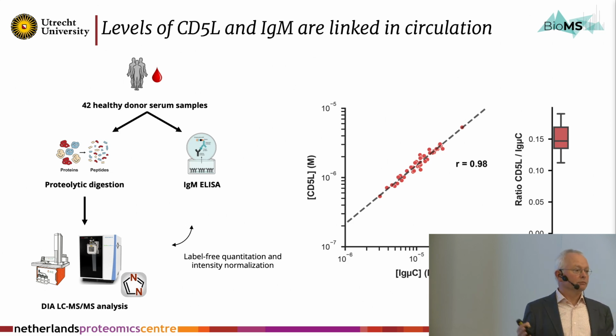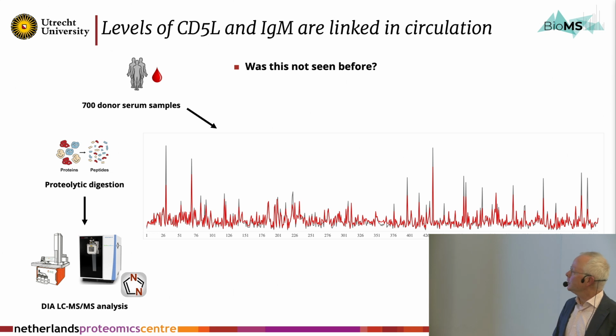And if you look up this protein, CD5L, it has hundreds of papers about its role, but nothing really saying that it does something with IgM, a few exceptions there. So this is only 40 people, so we also went to other data. This is 700 people.